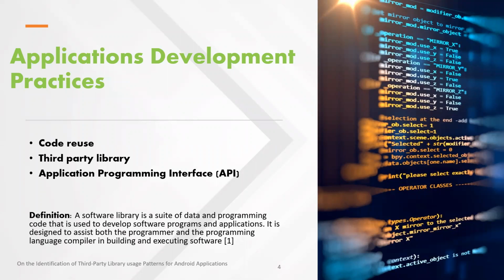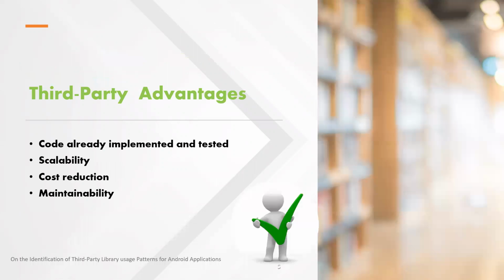In the development work, the developer can reuse existing code. Developers make use of existing third-party libraries, and also use existing APIs. Using third-party libraries presents some advantages. The code is already implemented and tested, which inspires a certain level of confidence in the use of libraries.